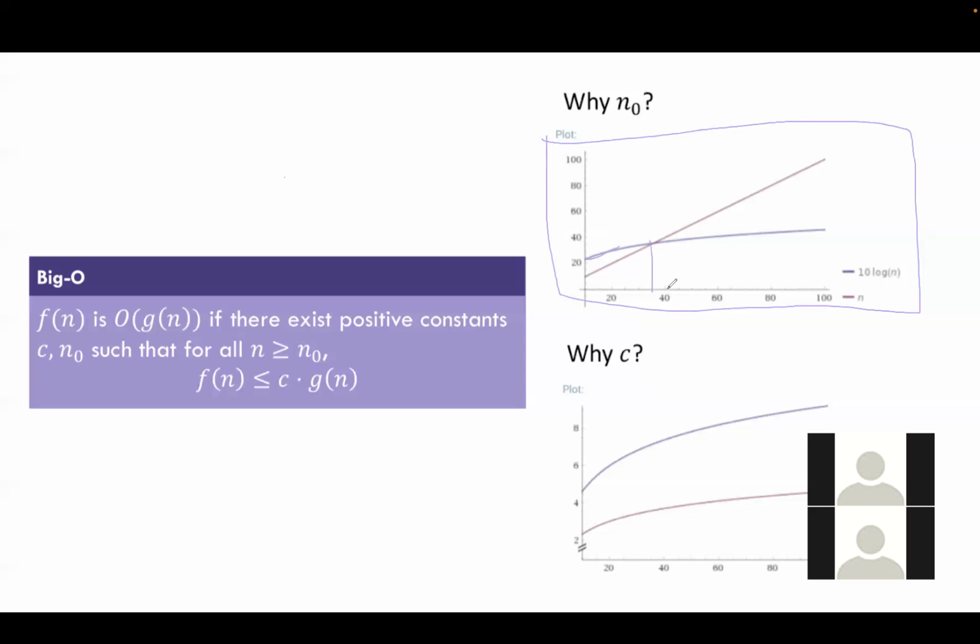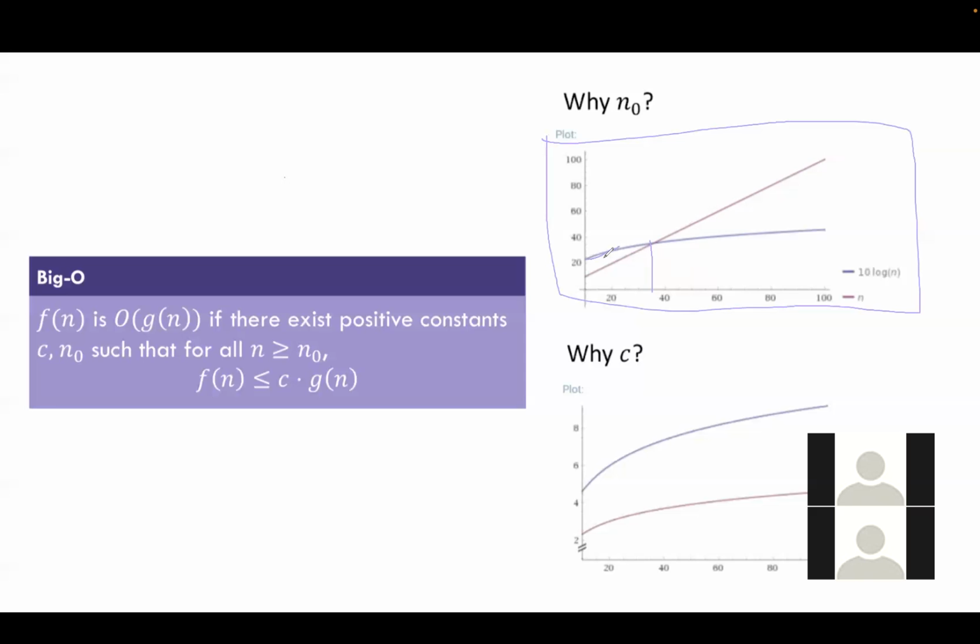But starting at 35 onward, it's much faster than the pink algorithm right here. So that's what n naught is. At this point, 35 or n naught, this purple algorithm is upper bounded by this pink algorithm.